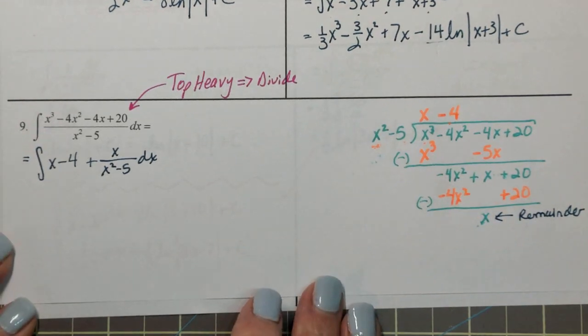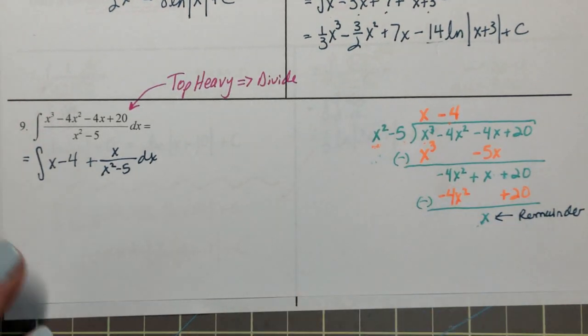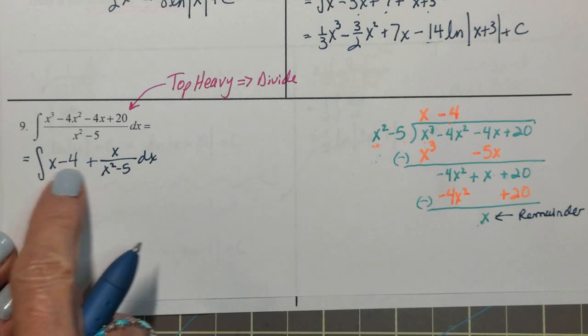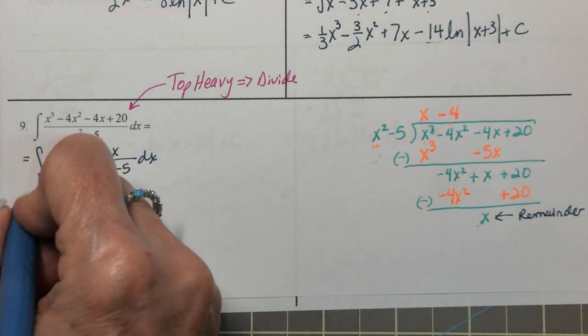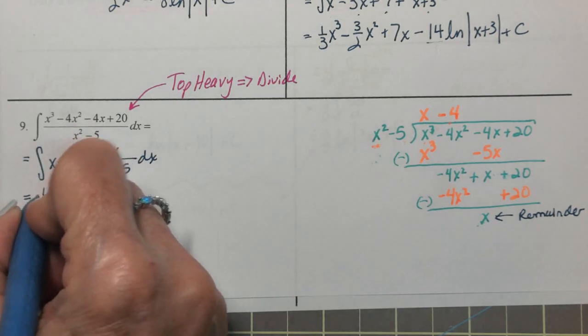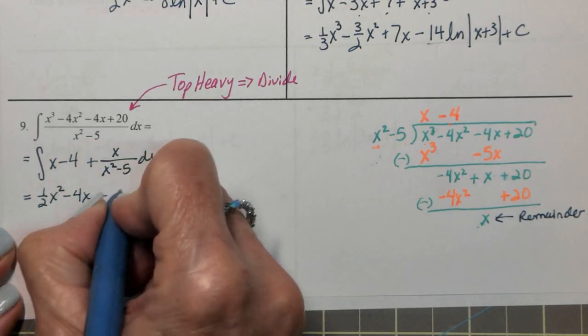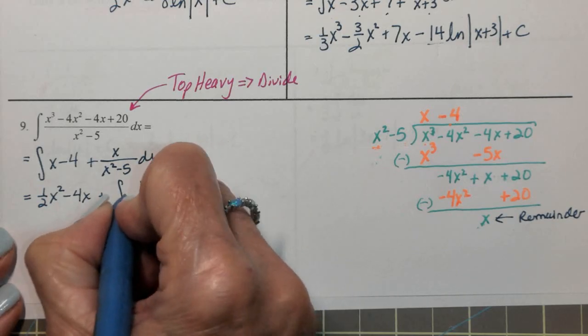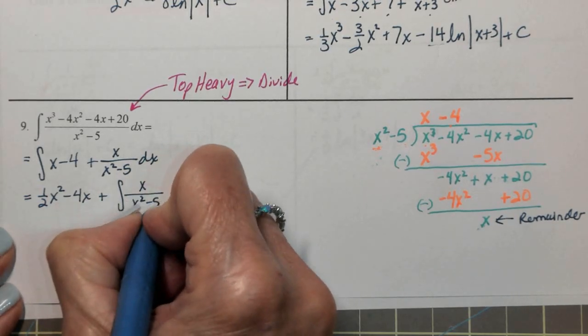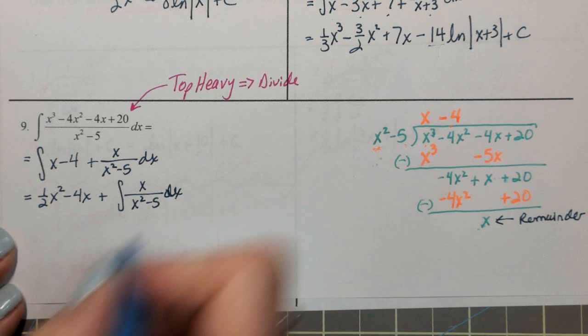Okay? So now what? Well, the first two pieces, I know how to integrate both of those. In fact, I think I will go ahead and integrate both of those. It is 1/2 x squared minus 4x. But now we still have this to integrate.